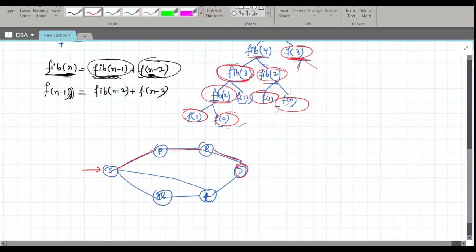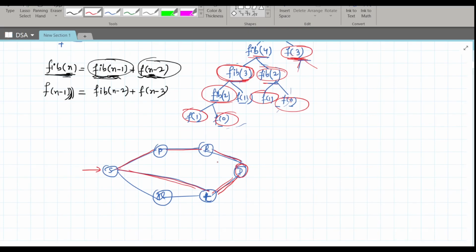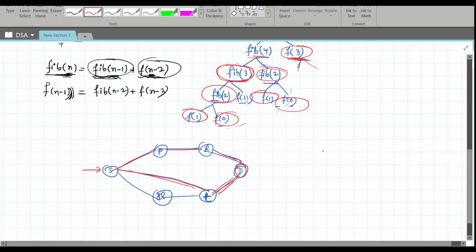We can also reach from this path, which also consists of three edges, and similarly we can reach through this path, which consists of two edges only. So this will be the shortest path from S to D. So how have we reached from S to D?